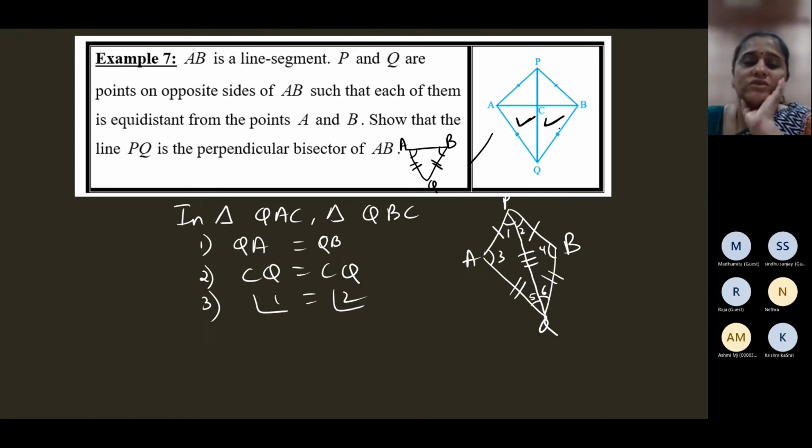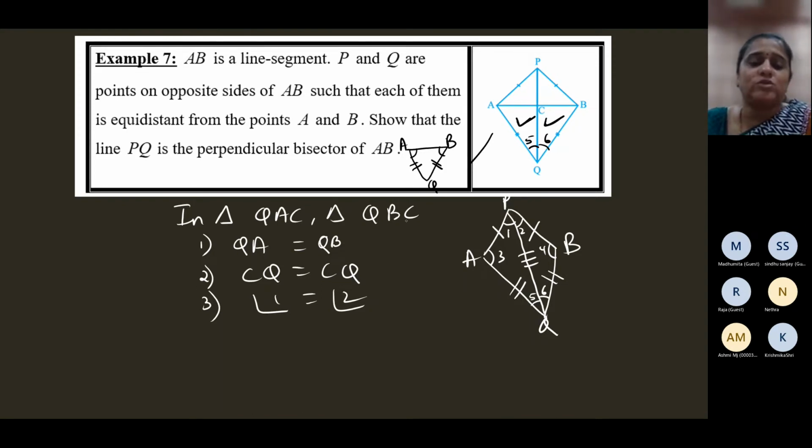For that, which one will be suitable? Yes, Raja, which will be suitable? Angle 5 and angle 6. Yeah, so we should say CPCTC, angle 5 is equal to angle 6.